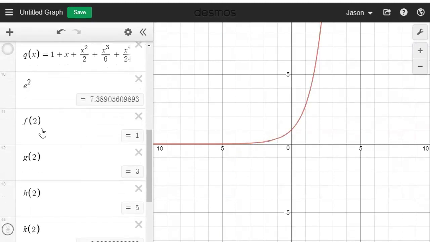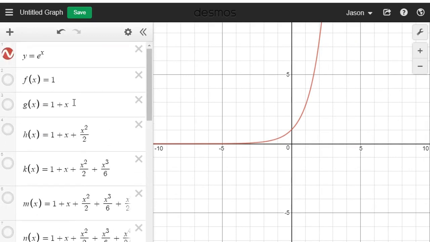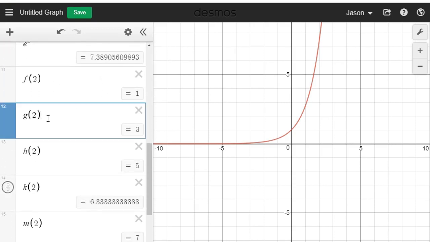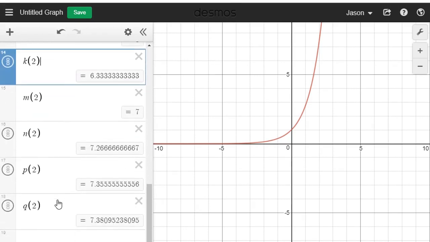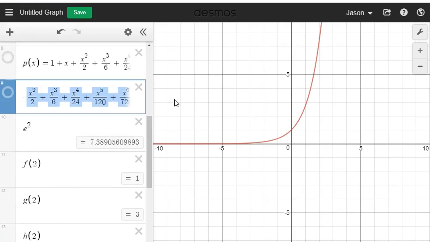So if we look at this, notice that the tangent line approximation of e squared is not great when it diverges from x equals 0. So like g of x, h of x, k of x here represent the first three degrees of the Taylor polynomial. So this would be the linear, this would be the quadratic, this would be the cubic approximation. But then as we get further along, more and more terms, I think q is the 7th degree Taylor polynomial here.